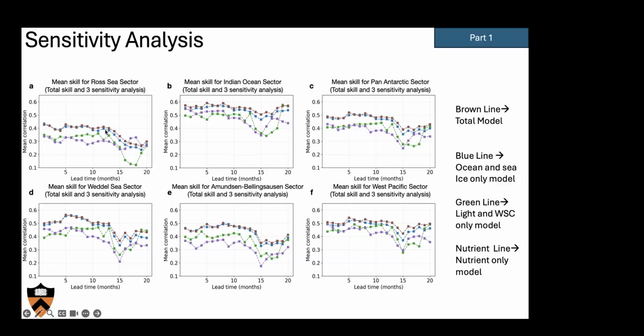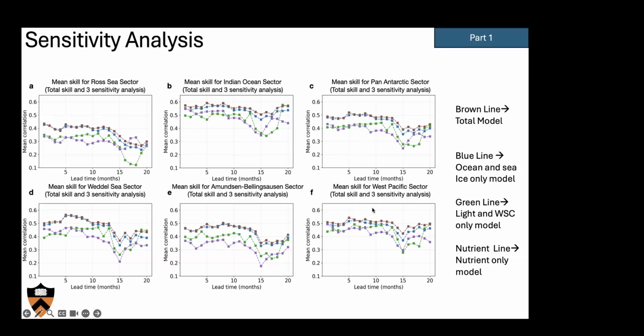So as we showed before, the blue line is the nearest to the brown one. So you have the lowest decline from using only ocean dynamics, followed by light related, but there are some regional differences because, for example, in the Pan-Antarctic sector, the decline is clear.